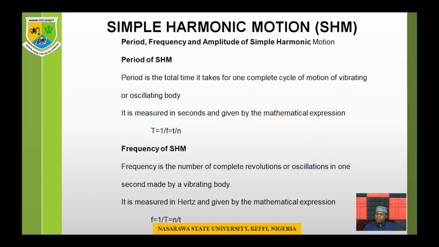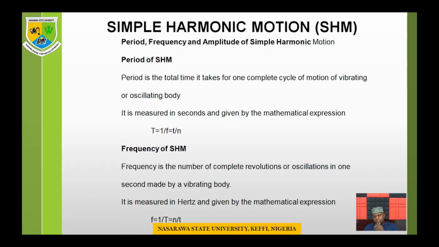For you to have one complete oscillation, the total time it takes for that to happen is what we refer to as period. So simply put, period is the total time taken for one complete oscillation or cycle.